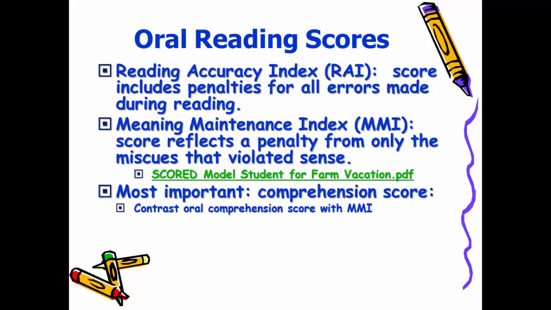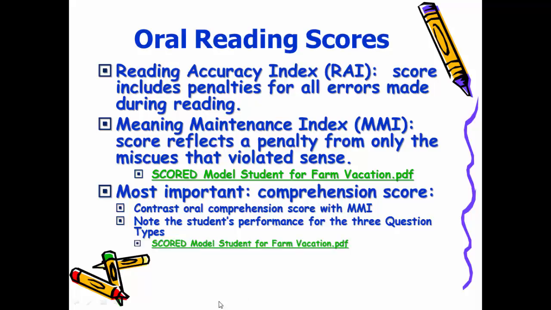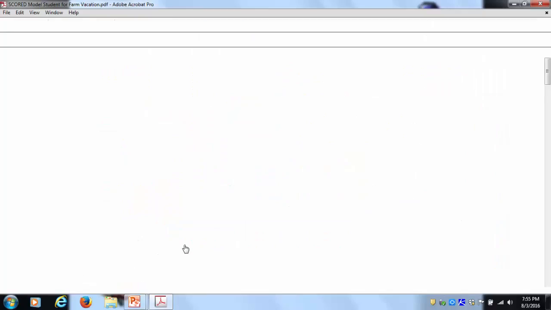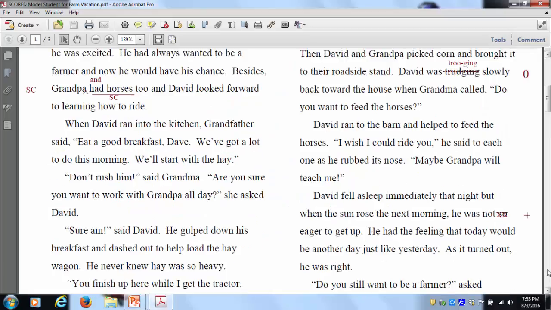I have established that fluency is a strength, but my goal is comprehension. So we're going to also note the type of questions on which the student tended to have strength, and also those where there were some weaknesses. So we would do that by scoring.